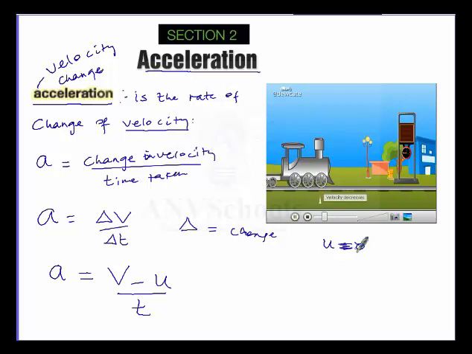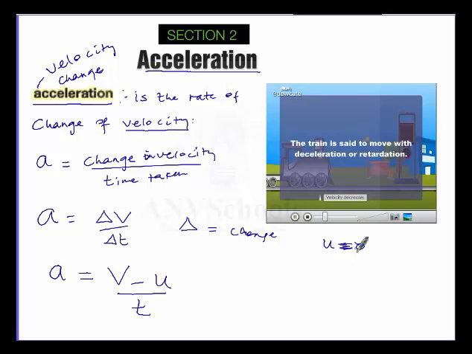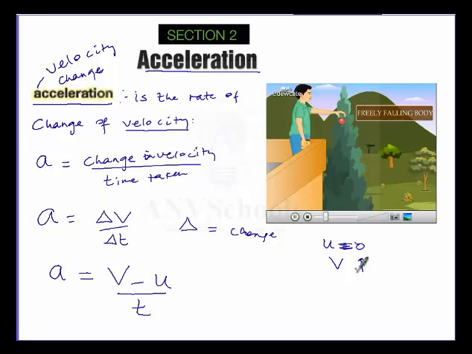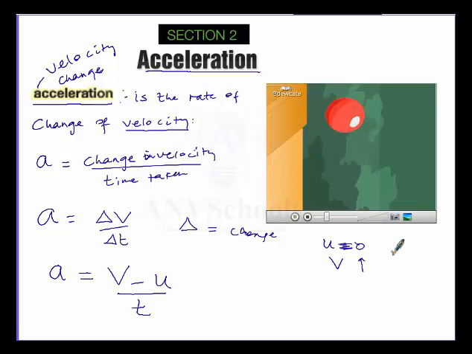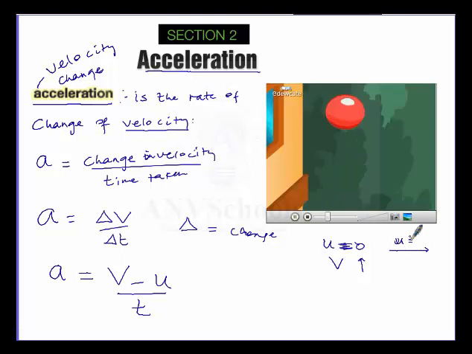But after some time, the speed will increase. This is when the train starts moving. Like when the train is going and wants to stop, it was initially moving at a greater speed, a speed different from 0, and when it stops, its final velocity becomes 0.